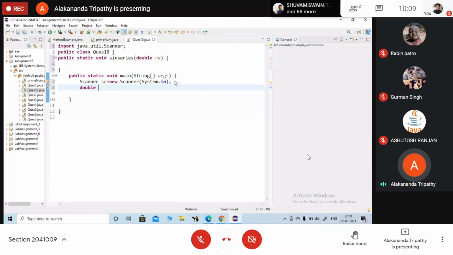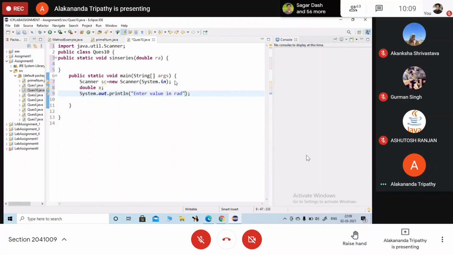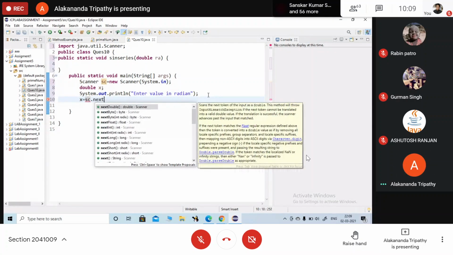So here I am taking the variable as double x, the value in gradient. So x is equals to, let's say, dot next double.